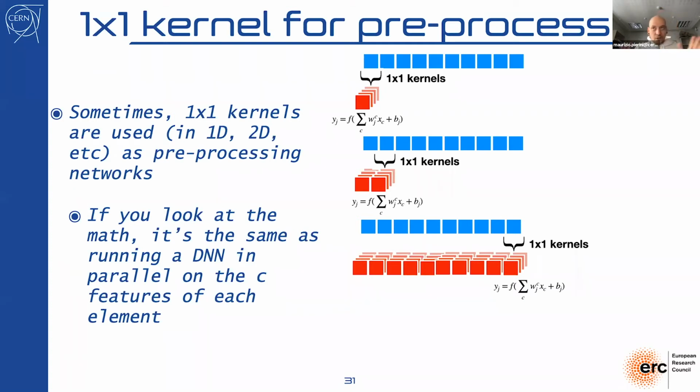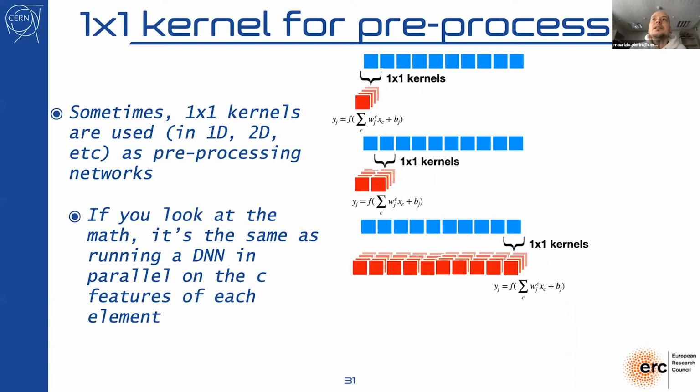So imagine, take the example of our problem. We have PT, eta, phi as the inputs that characterize each particle. You might decide that PT, eta, and phi are not the things that you want to feed into whatever network you're doing after.